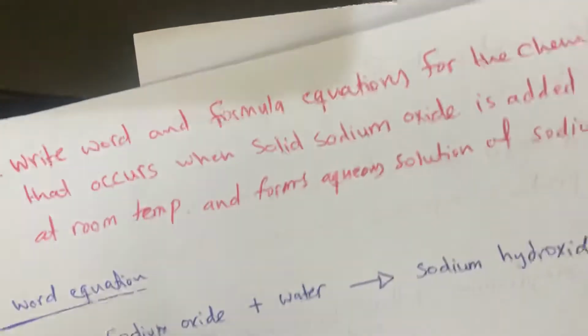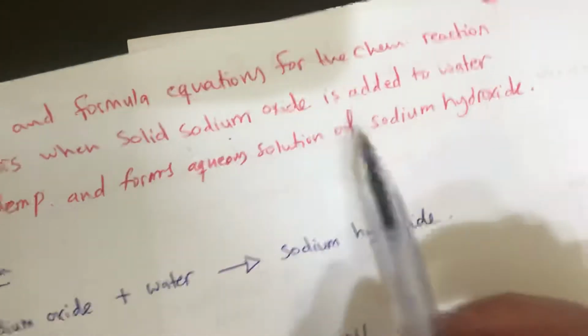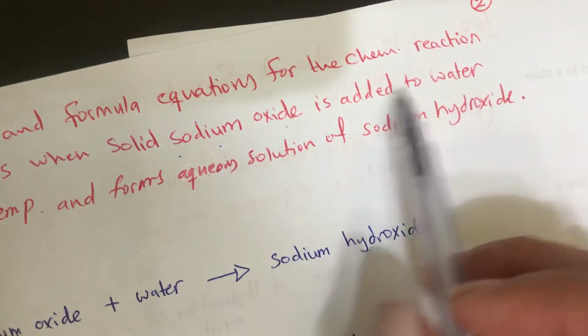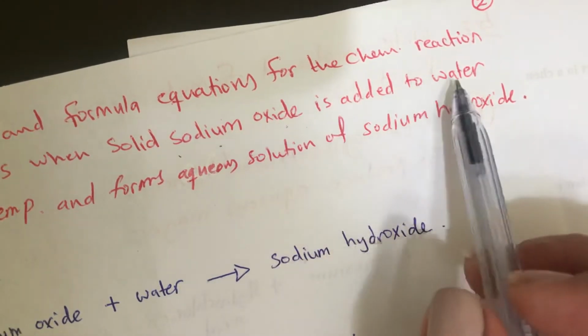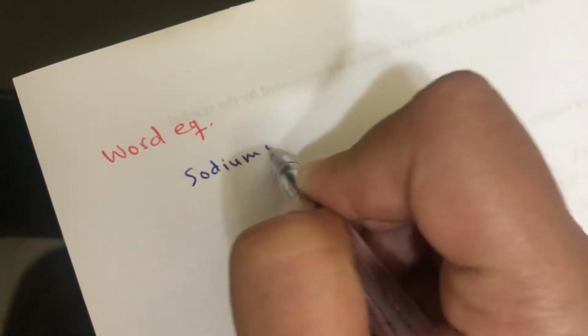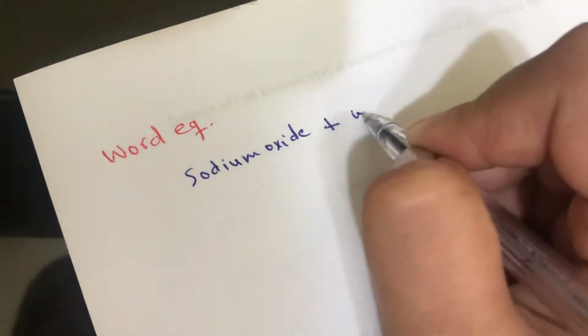Again here in the question, solid sodium oxide is added to water. So the reactants are sodium oxide and water. So here, sodium oxide added to water.